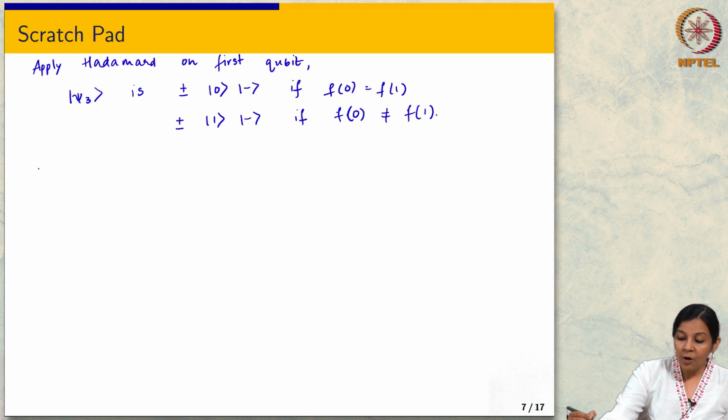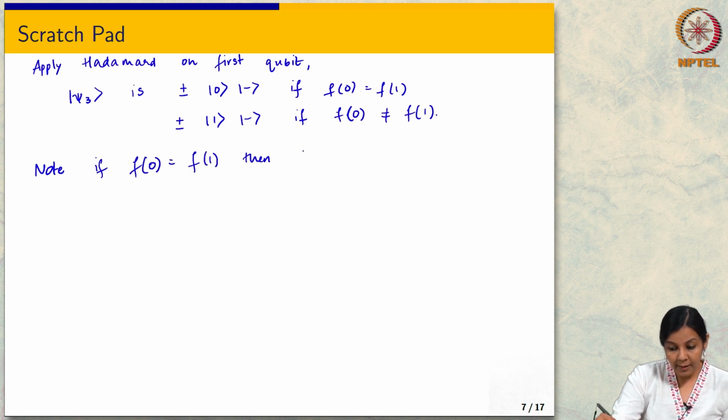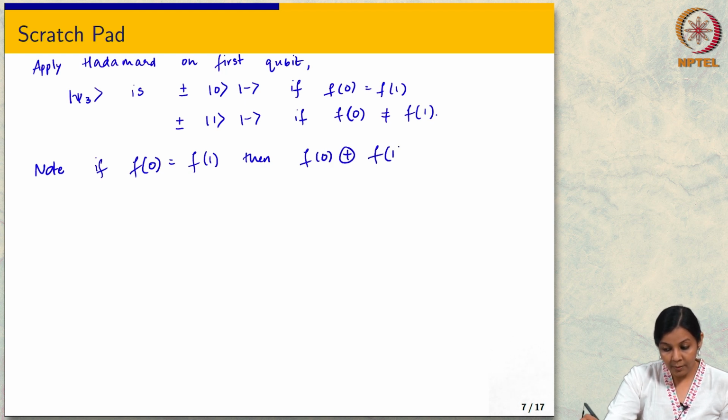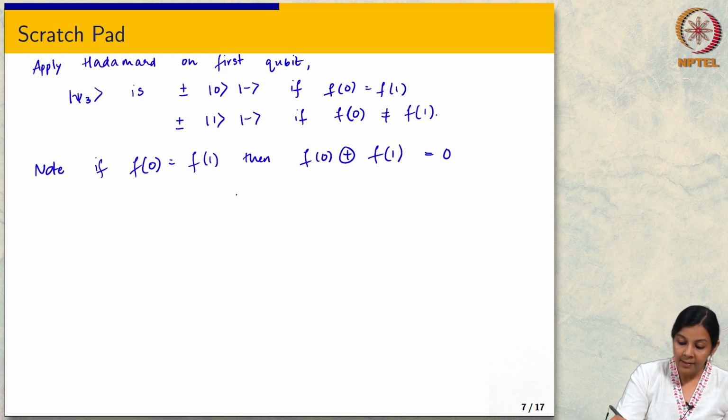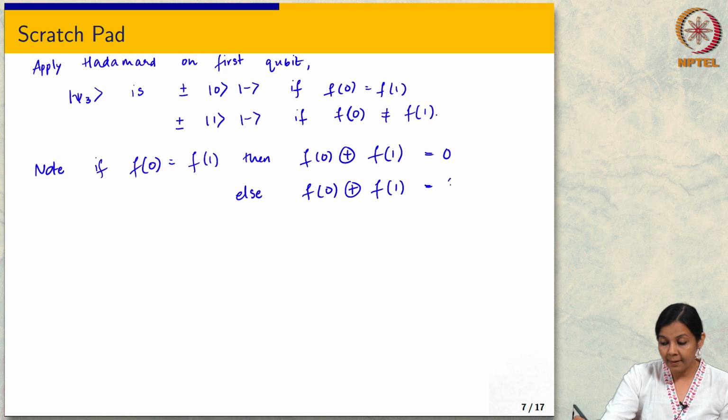Now note that if f(0) is equal to f(1), then f(0) XOR f(1) is 0, else f(0) XOR f(1) is 1.